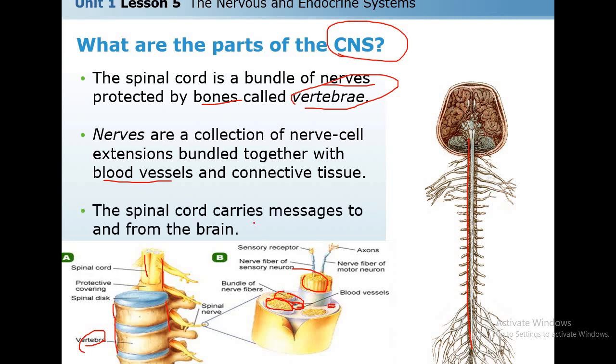The spinal cord carries messages to and from the brain, from organs to the brain, and from the brain to other organs in the body.